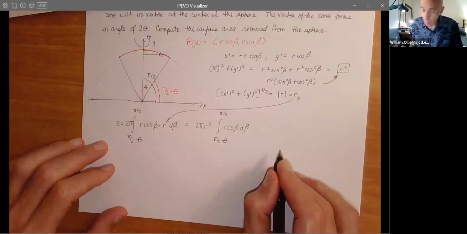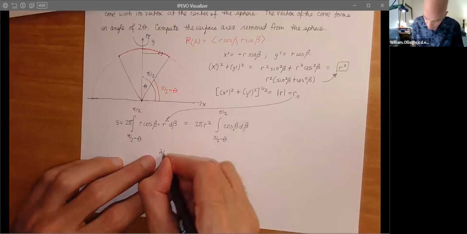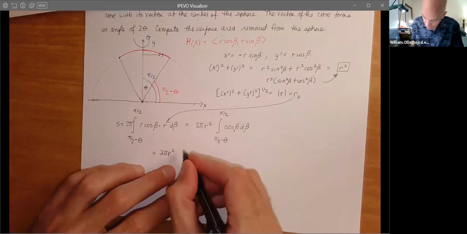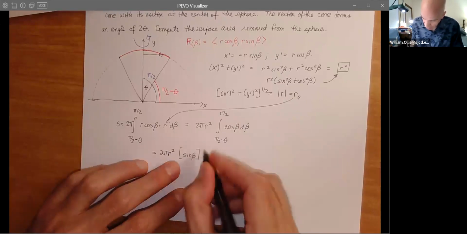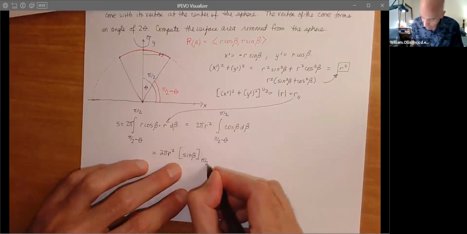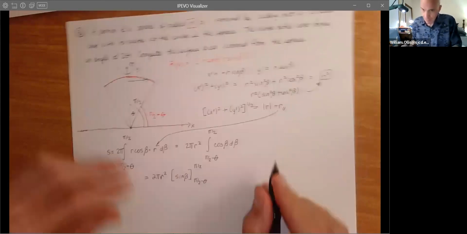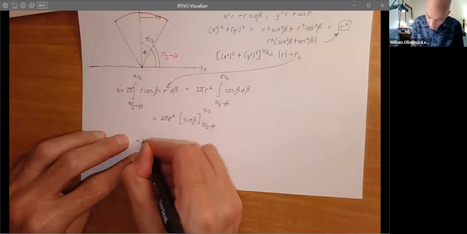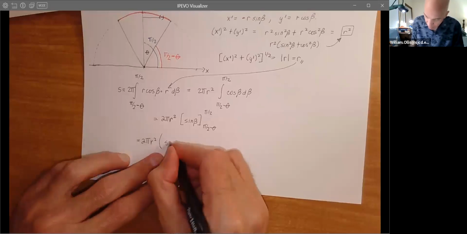The antiderivative of cosine is the positive sine, what you learned in Cal 1. So we get sine beta from pi over 2 minus theta to pi over 2. So this gives us 2 pi r squared times sine of pi over 2.